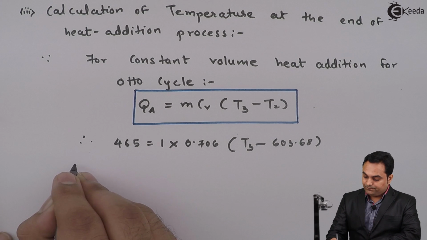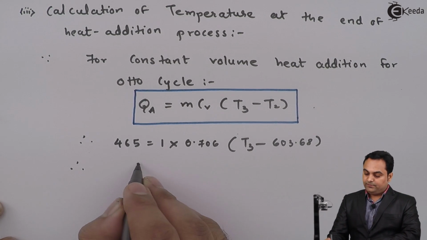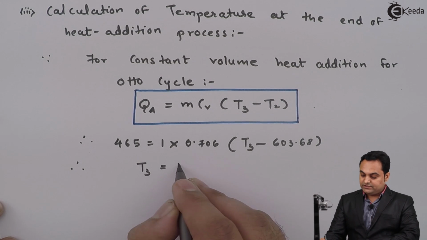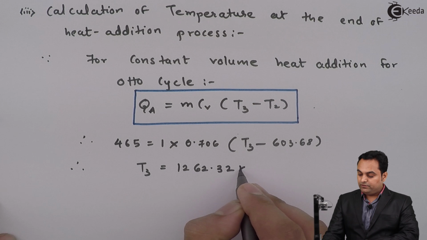So on calculation, I get my answer of T3 as 1262.32 Kelvin.